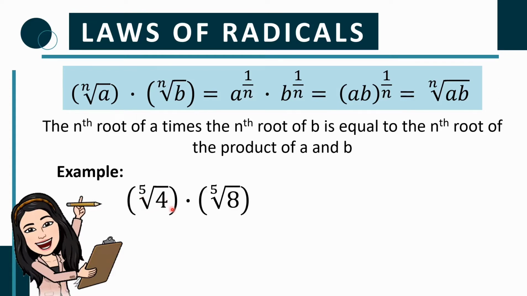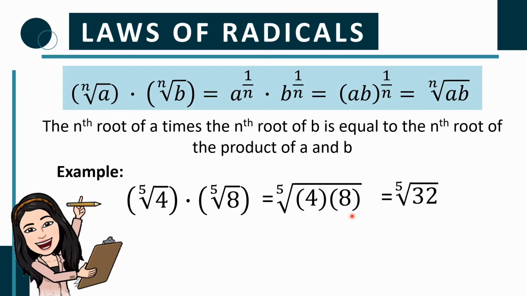Fifth root of 4 times fifth root of 8. Parehas ang index natin and then multiplication. Ano mangyayari? We just need to copy the fifth root and then multiply the radicand. 4 times 8, ito yan. O ha? So, 4 times 8 is equal to 32. So, ang fifth root ng 32 is equal to 2. Bakit po?